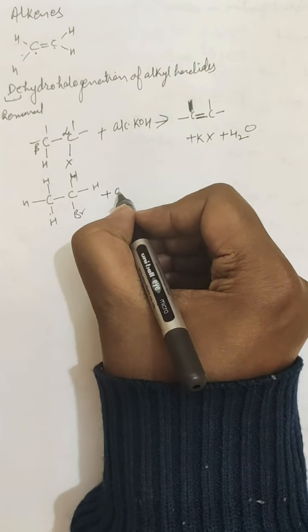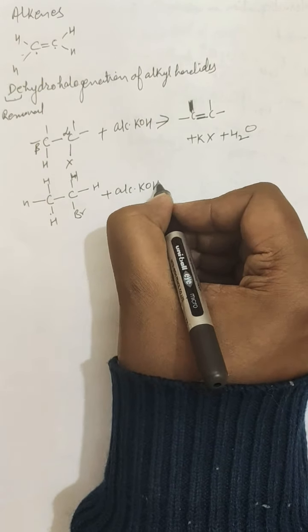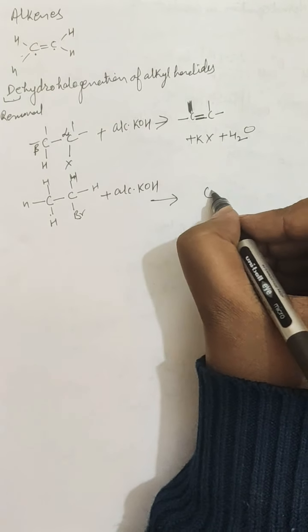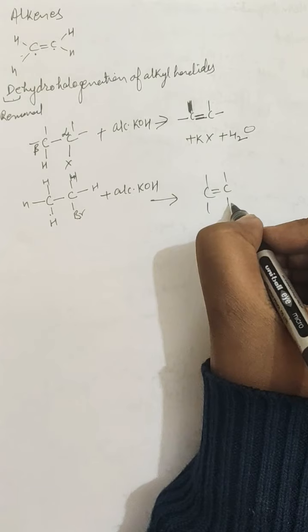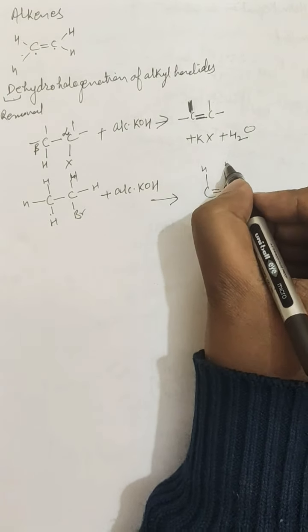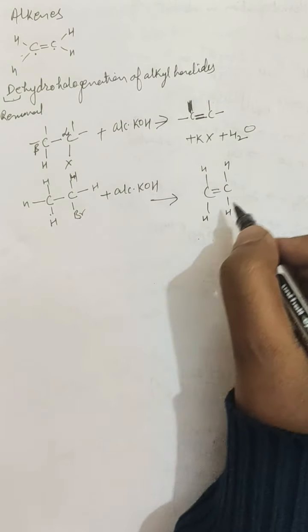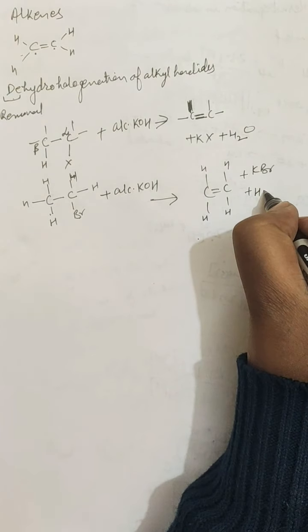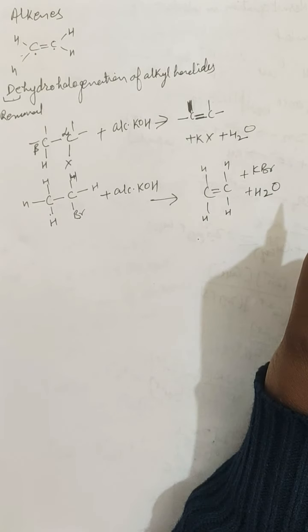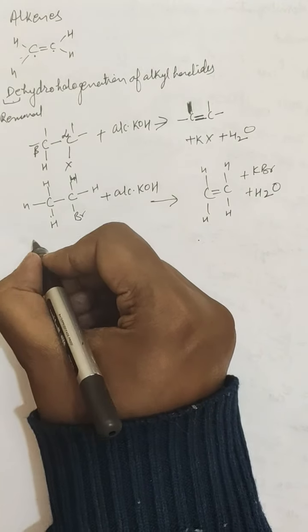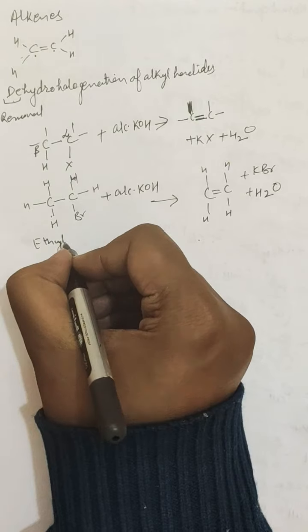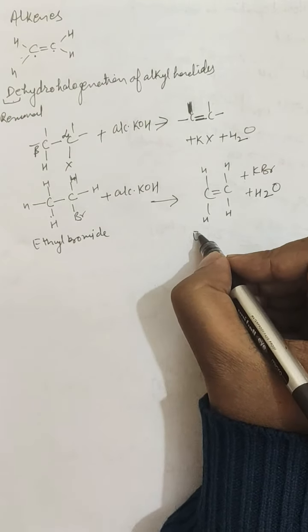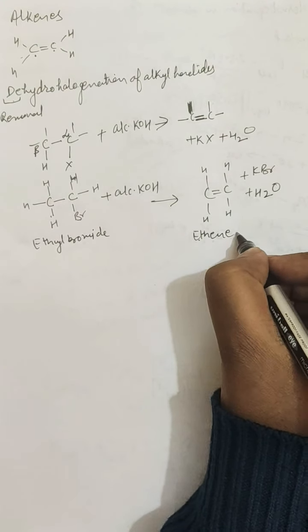When we treat it with alcoholic potassium hydroxide, it will result in the formation of ethene plus KBr plus water H2O. So from ethyl bromide, ethene is formed.